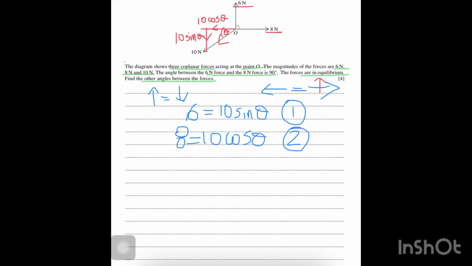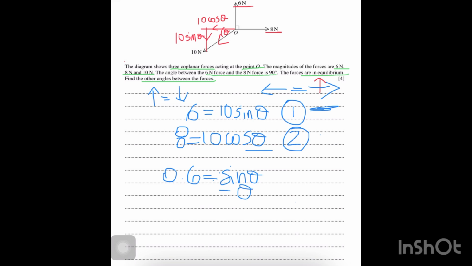Now we can use either of these two formulas to find the value of theta. So let's say I use the first equation that we did over here. In that case, if we divide both sides by 10, that would mean that 0.6 is equal to sin theta.